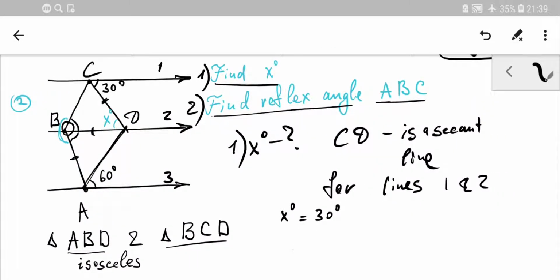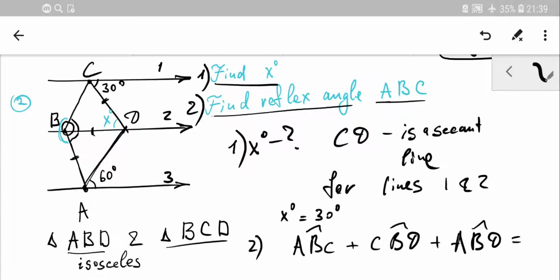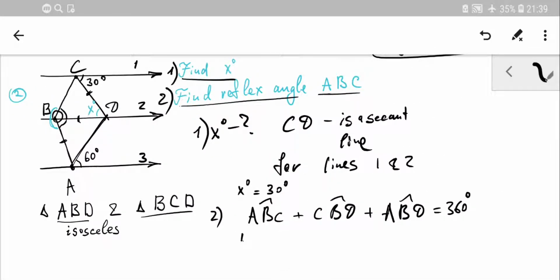Okay, so question 2. Angle ABC, along with angle CBD and along with ABD, will give us 360 degrees. Okay, so we know that angle x is 30 degrees and triangle BCD is isosceles.